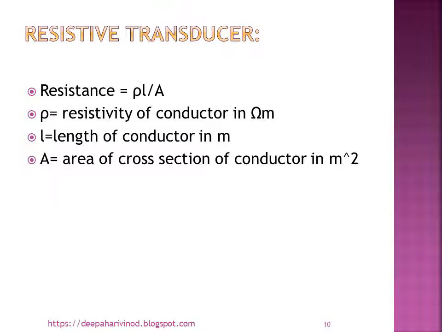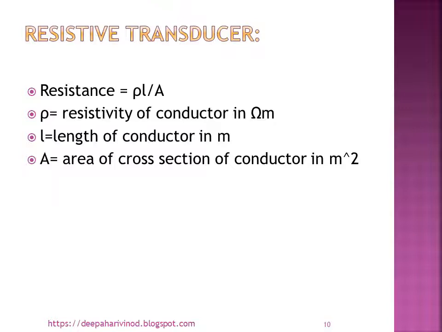Next is resistive transducer. The DC resistance R is given by rho L by A, where L is the length of the conductor in meters, A is the area of the conductor in meter squared, and rho is the resistivity of the conductor in ohm meter.